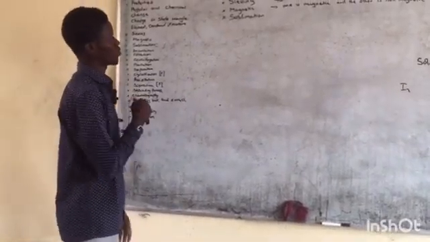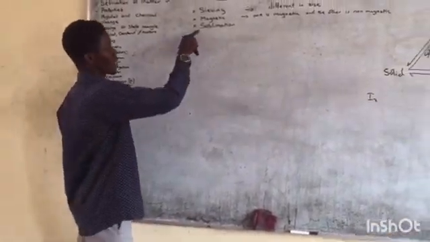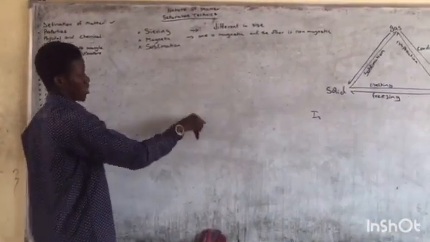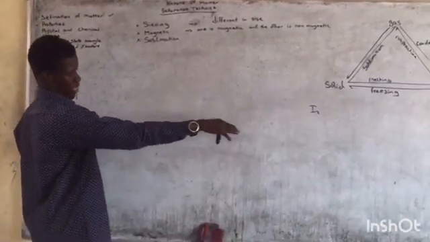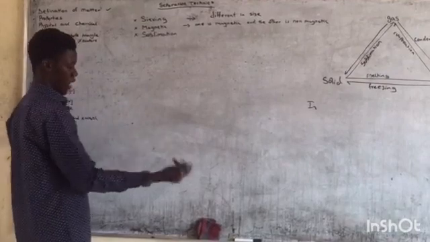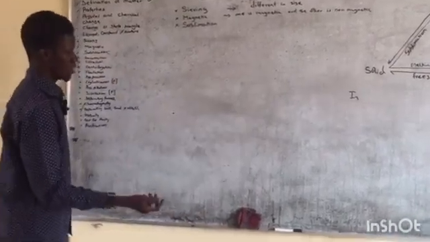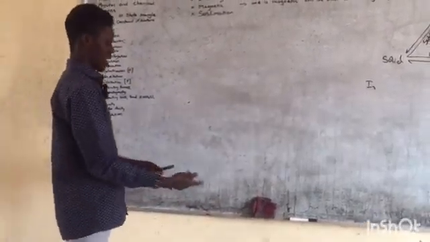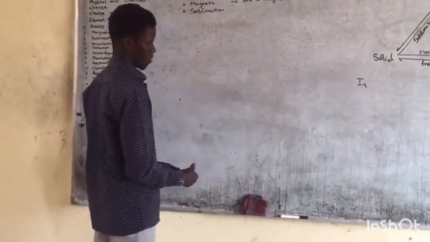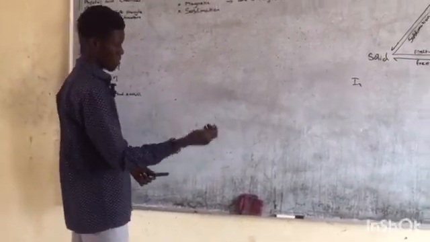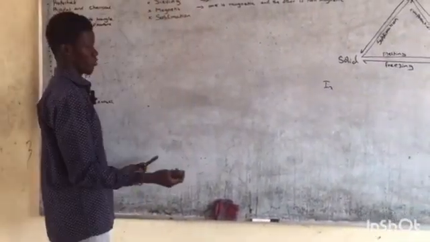And one thing I want you to remember when you want to apply sublimation: ammonium chloride and even this iodine are kind of special. Iodine is kind of non-polar, but ammonium chloride dissolves in water.